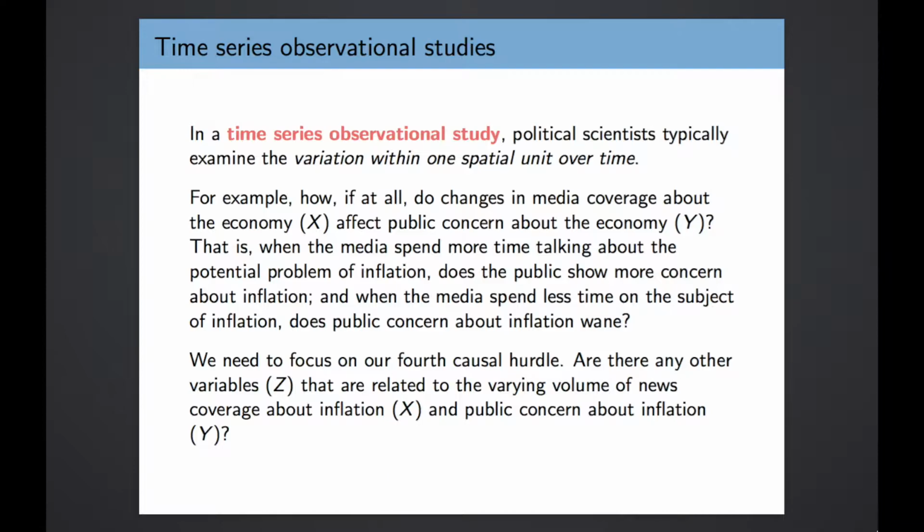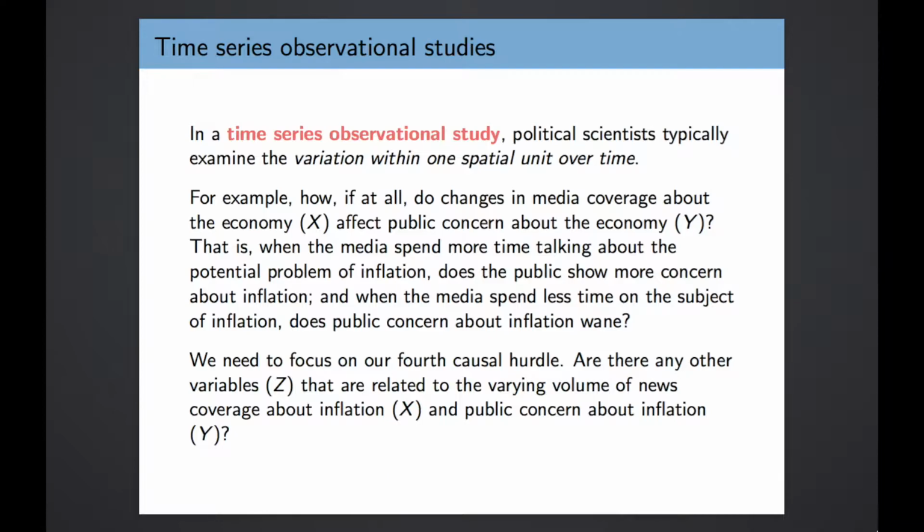So what we're interested in is a whole bunch of measures over time about how the media is talking about economic problems and what public attitudes about those economic problems are. So we're taking a whole bunch of measures of the same variables in the same context, so the same country, over time.